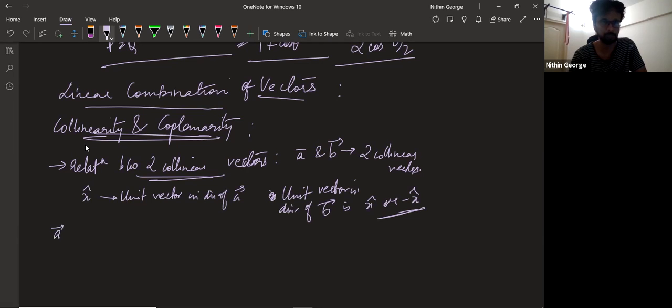Basically, A is mod A into x cap and B is mod B into plus or minus x cap.